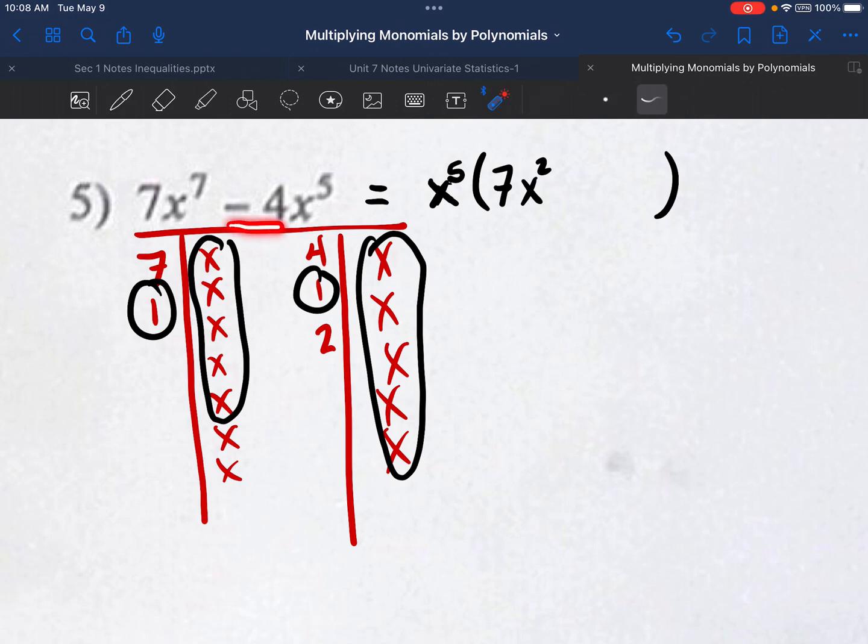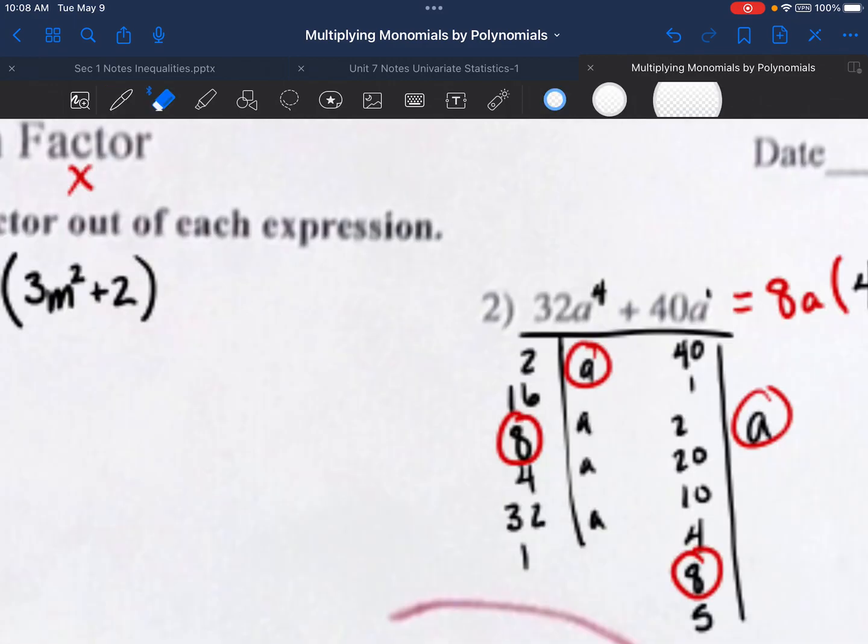Alrighty, let's try this other one. What's negative 4 divided by 1? Well, I know that's just going to be negative 4. And then how many x's do I have left if I start with 5 and I take away 5? Yeah, I'll have 0 left. So I could write it like this, or I could just choose not to write it.